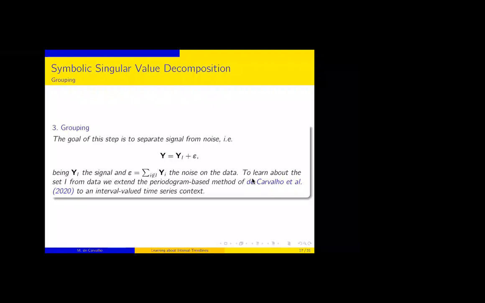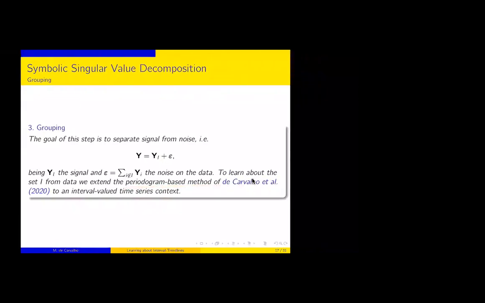Okay, so I'll give more detail on that. For now, just think about the following idea. We want to learn about this set I that tells us how many components we're keeping in order to separate signal from noise, and I'll give a more detailed account on how we achieve this using the periodogram-based approach in the other paper. Okay.